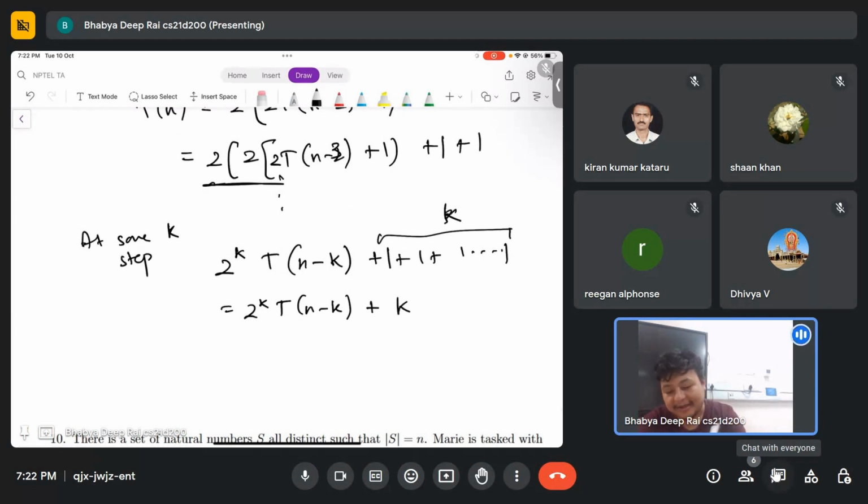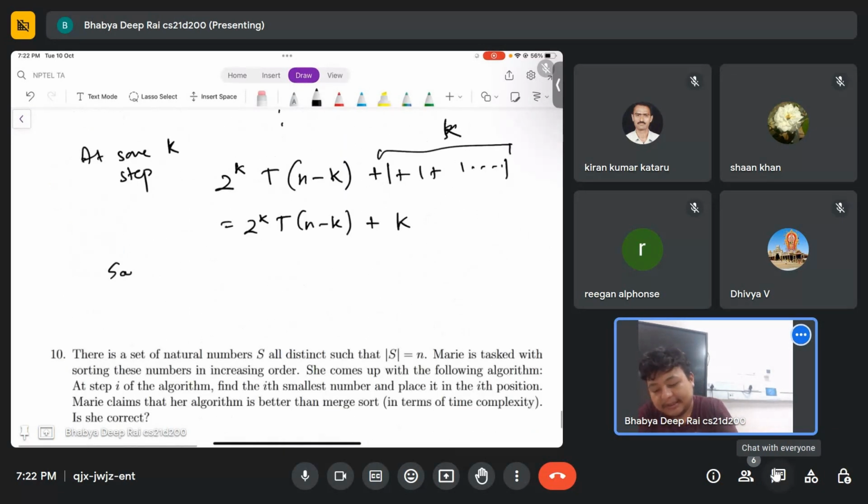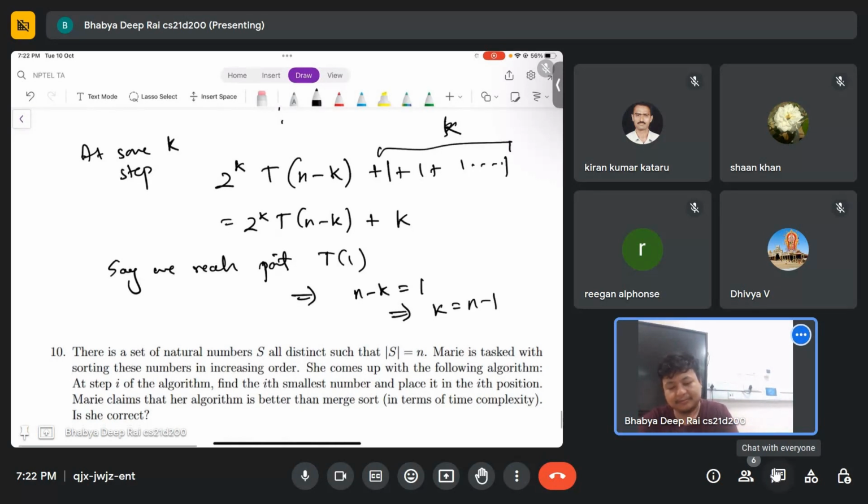Now again, the idea is simple. We want to reach the point T1. Say we reach T1, which means n minus k equals 1, which means that k equals n minus 1.